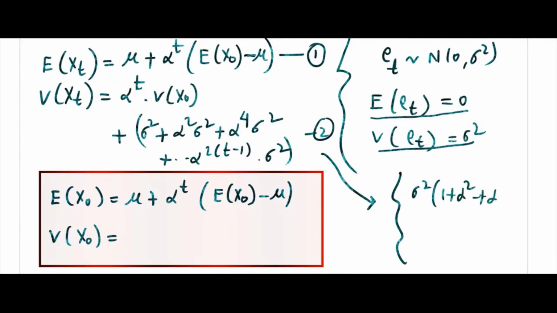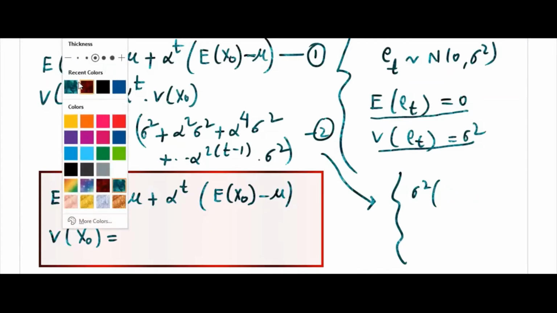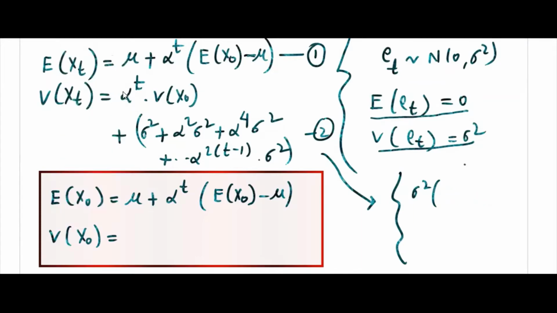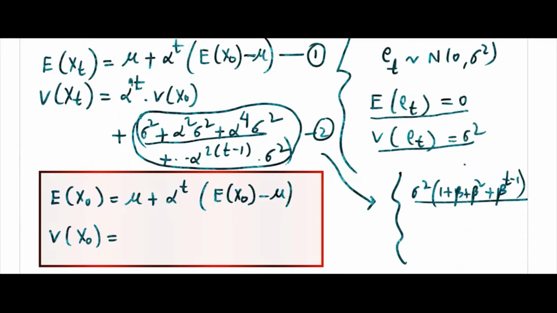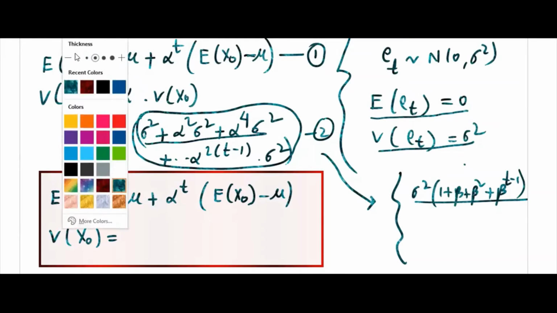Also you take beta. If I take beta as alpha squared, then you get 1 plus beta up to beta^{t-1}, a GP. Okay, this is a GP. Also I missed one thing here: this will be alpha^{2t} here. This will also come outside the power. I have to write alpha^{2t} here.